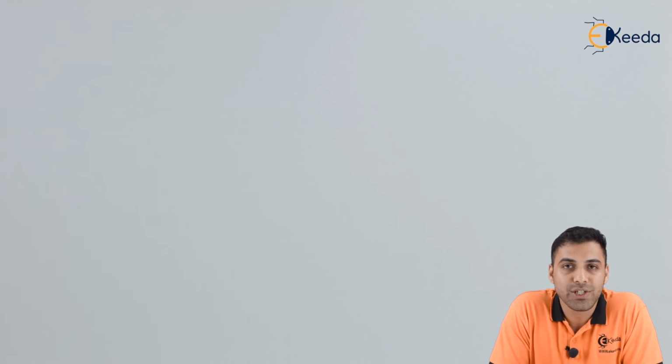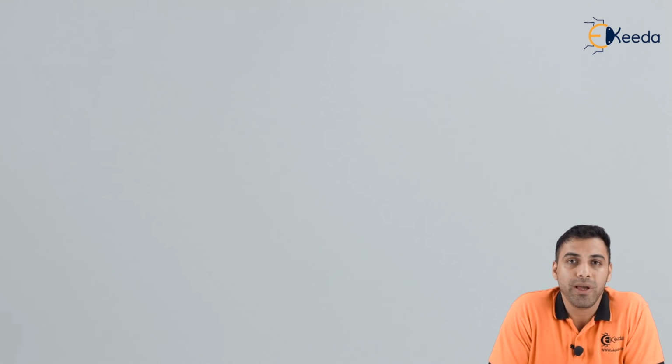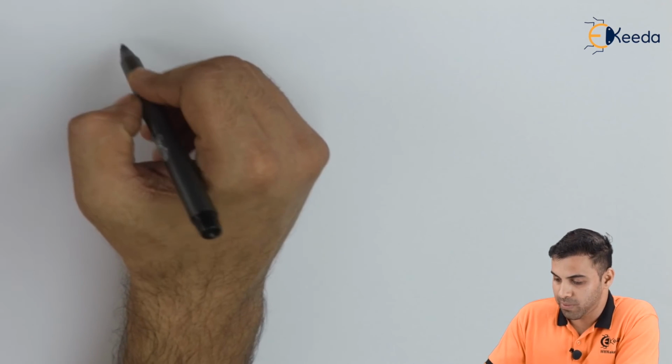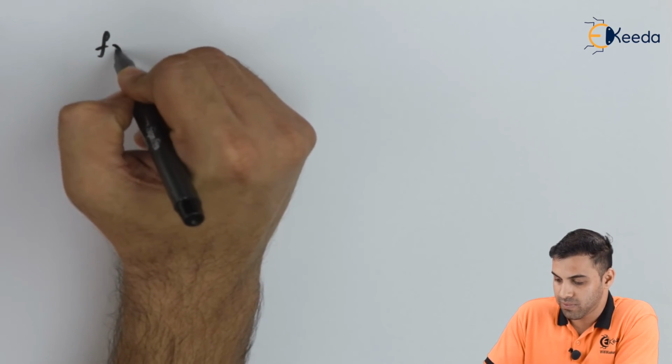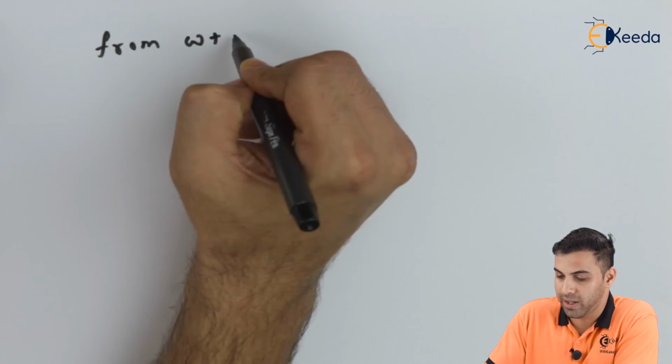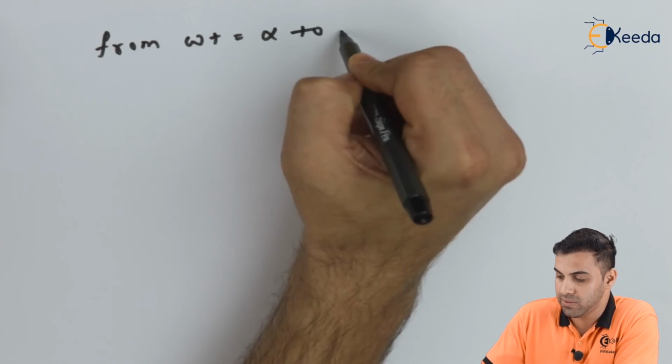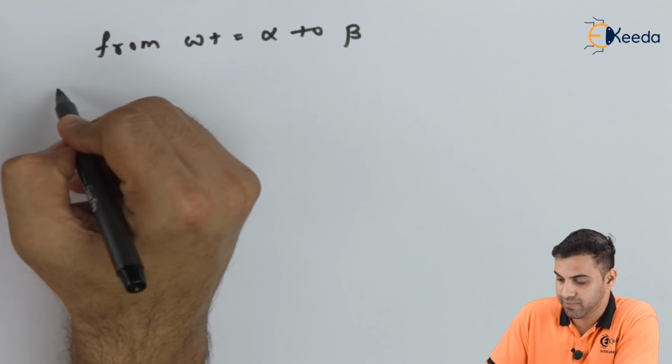Now friends, let's talk about what happens when omega t lies between alpha to beta. Whenever omega t lies between alpha to beta, there are some points that need to be remembered. Let's talk about from omega t equal to alpha to beta.